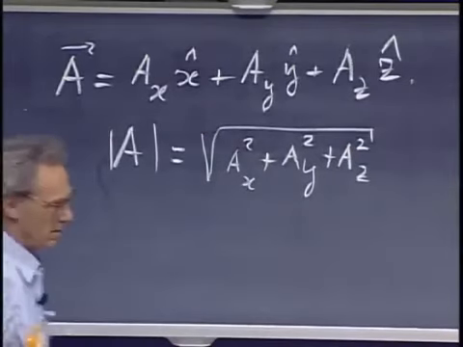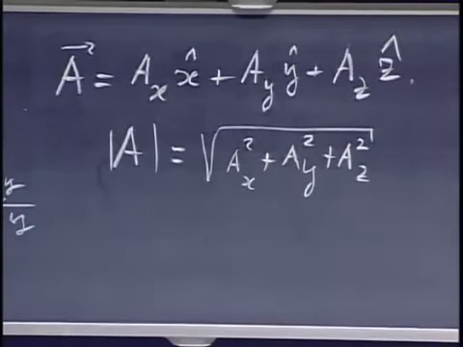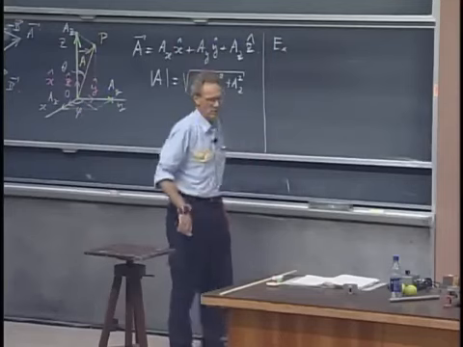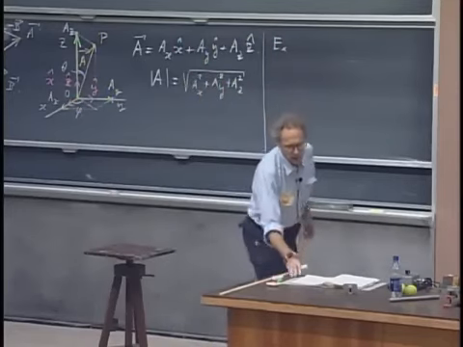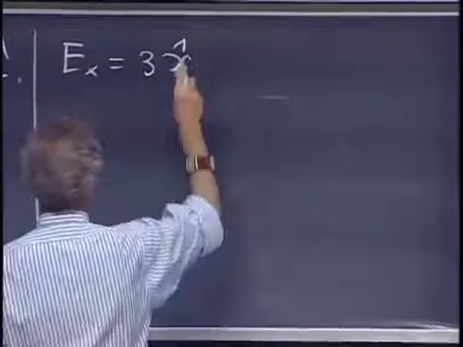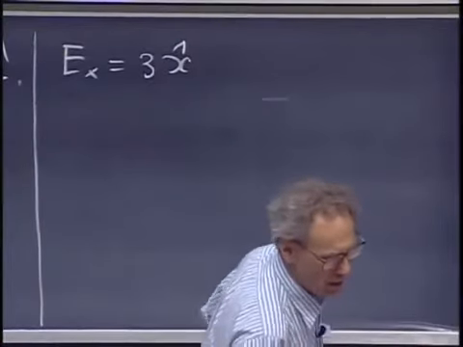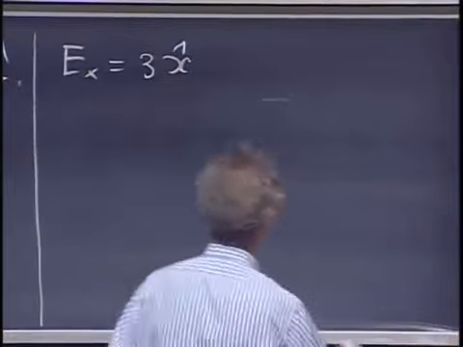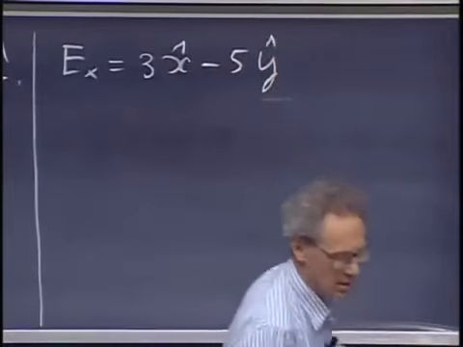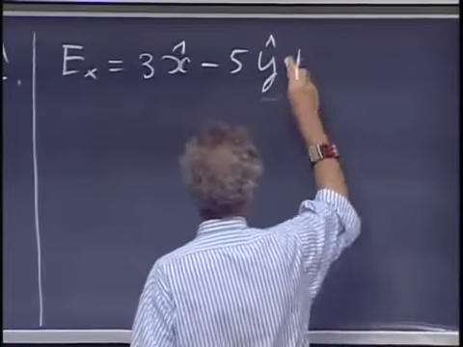And so we can take a simple example, just to see this in action. For instance, I take a vector A, and we call A 3 x roof, so A of x is 3, minus 5 y roof, plus 6 z roof.